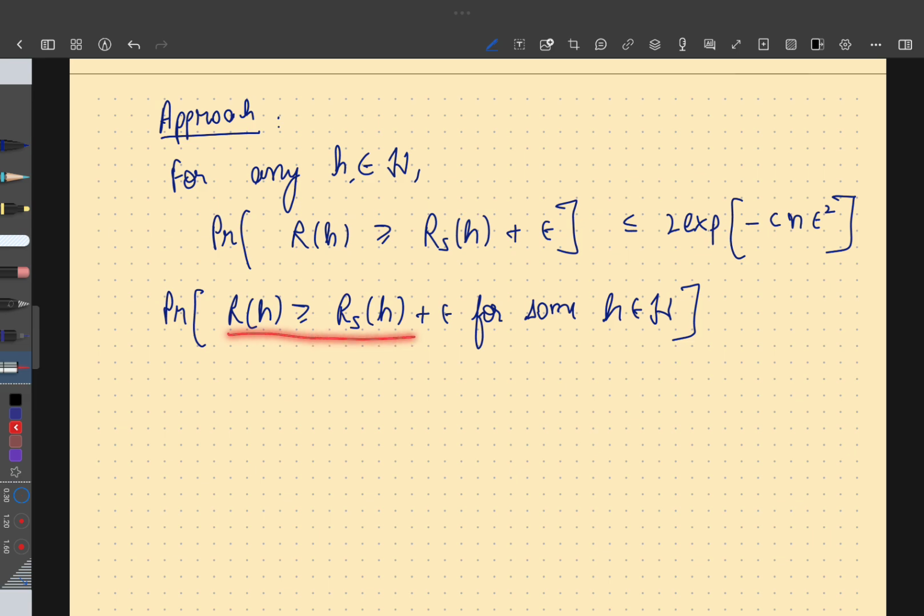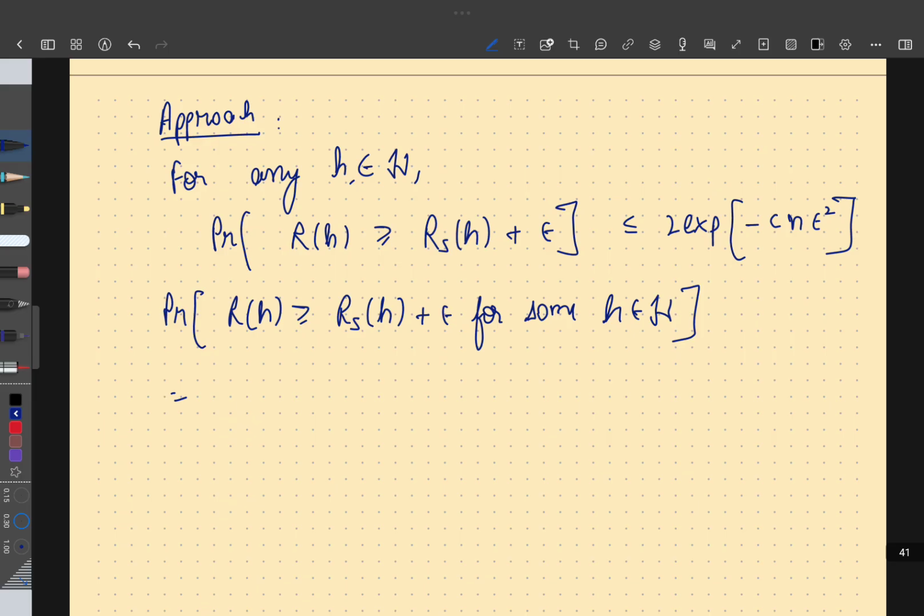The complement is R of h is greater than Rs of h plus epsilon for at least one h. That's the good event, this is the bad event. So this is basically a union over all h of R of h greater than or equal to Rs of h plus epsilon.